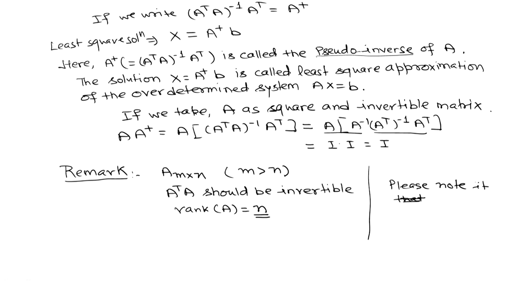If the rank of A is less than n, I will tell you how to find the least square approximation of the system Ax equals b in subsequent lectures. Now, let me take an example of it.